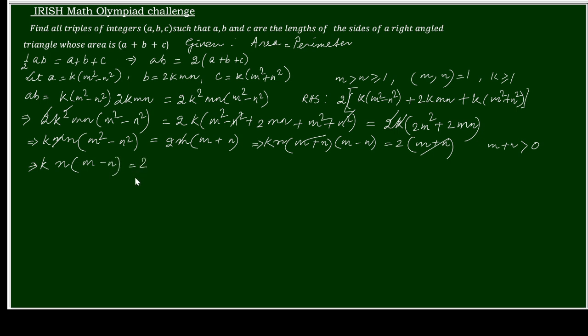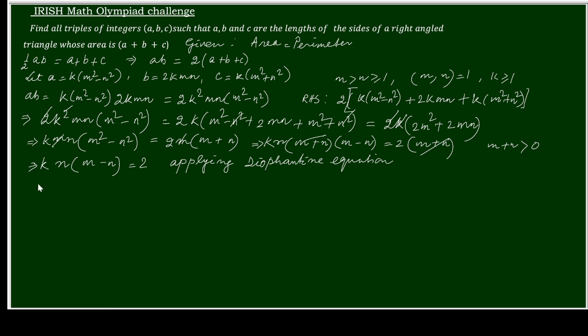So the product of 3 quantities, all positive, equals 2. So applying the Diophantine equation concept, the product of 3 positive integers equals 2.